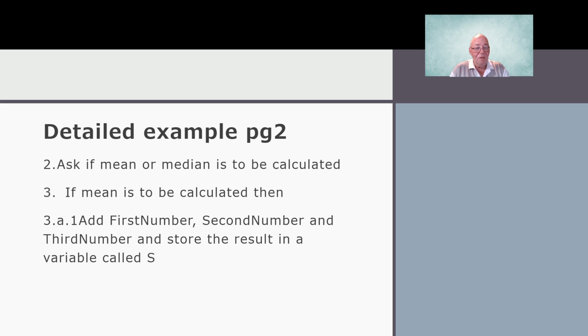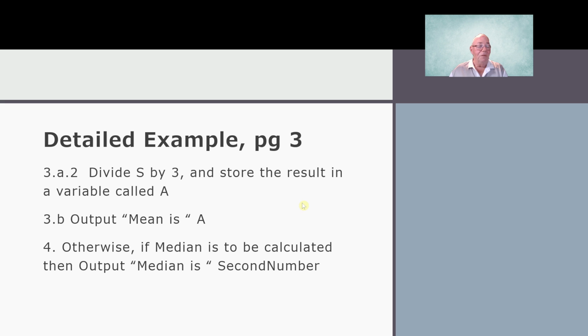If the answer to that is yes, then we're going to do the same step that we did previously. Add the first, second, and third numbers and store the result in a variable called s. And from there, we're going to also divide s by 3 and store the result in a variable called a. And then we're going to output, and notice I added a different prompt.